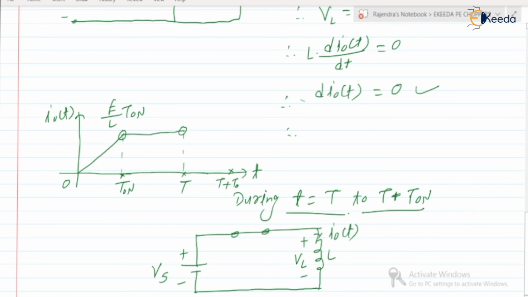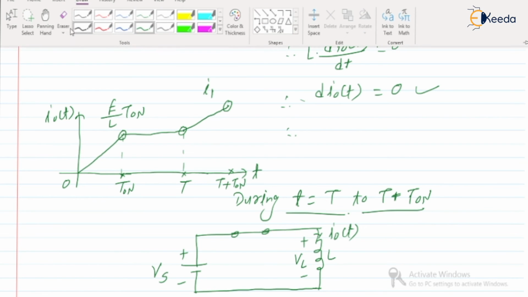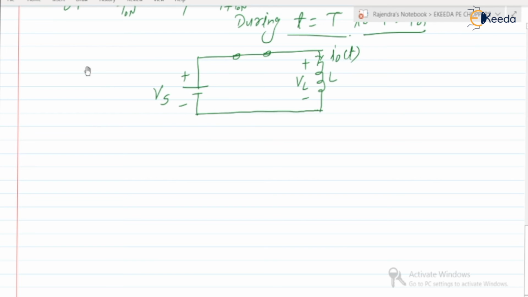Okay, so from T to T plus T on, the inductor stores the energy, right? So at which value will it be reaching? Let us consider this value is equal to I1. If we apply the KVL to this circuit, it is actually E, not Vs. They have given it as E, so it should be E. So we can write plus E minus L into di0 of T by dt equal to 0.